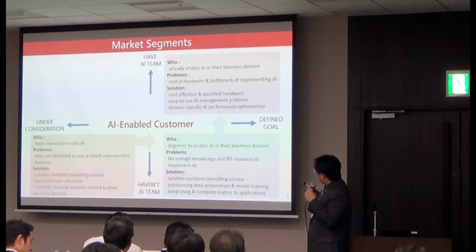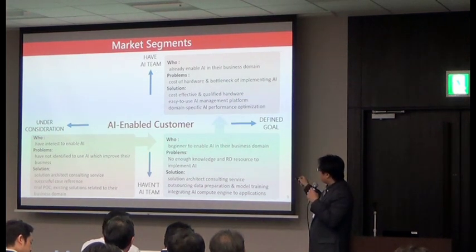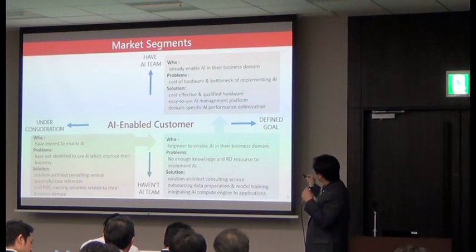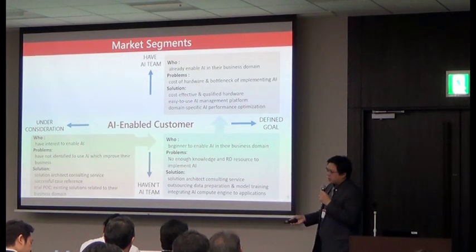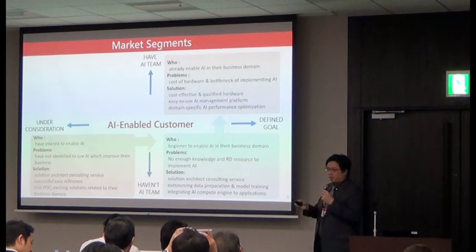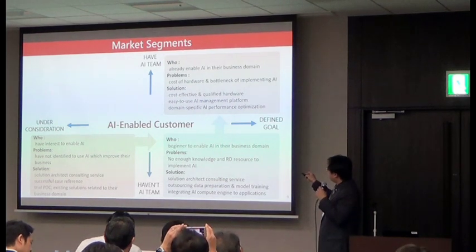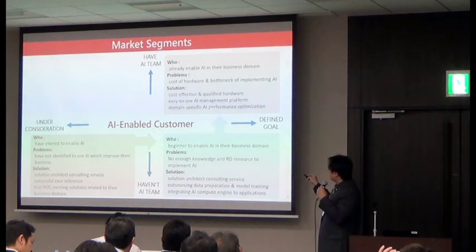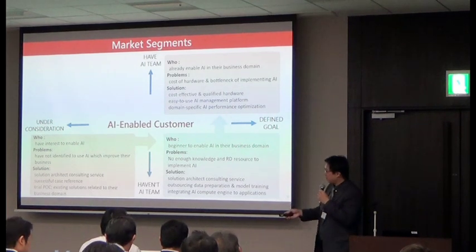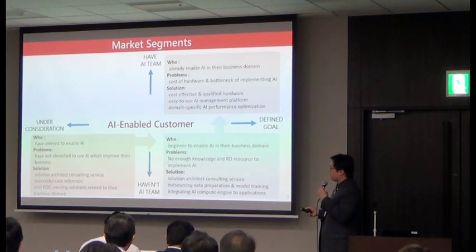The last is those who already have a goal and an AI team, but want cost efficiency. So we can optimize the hardware and software stack for their business. That's what we call cost effective and qualified hardware, an easy to use management platform, and even domain specific AI performance optimization.